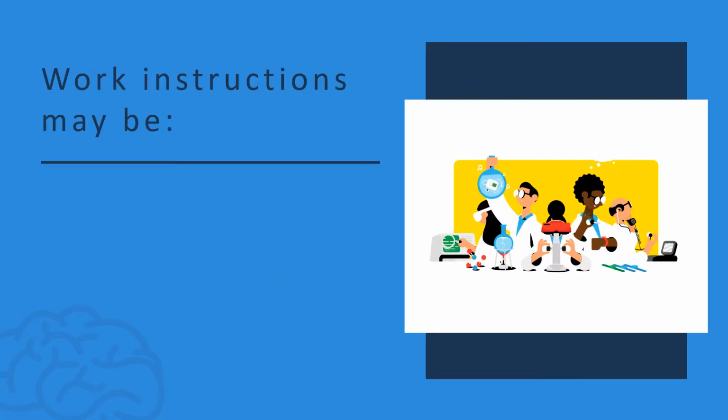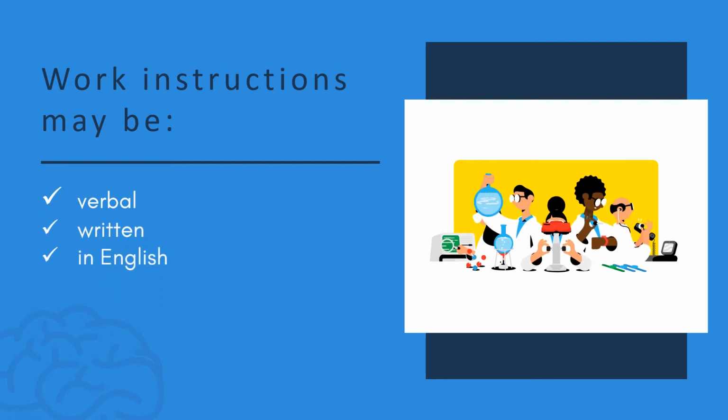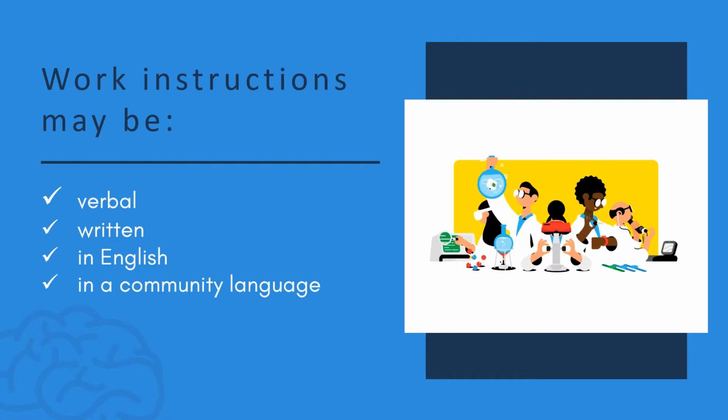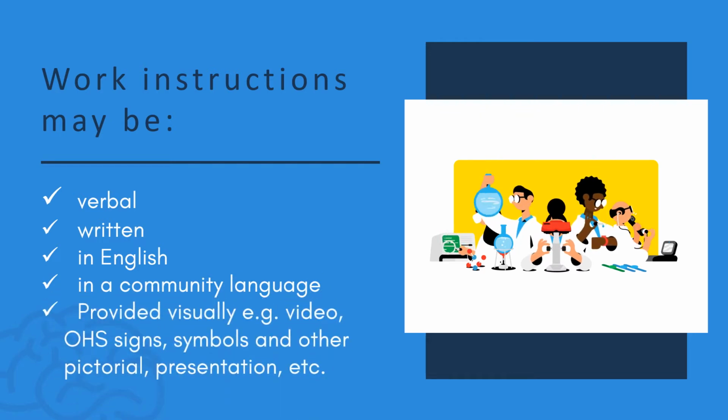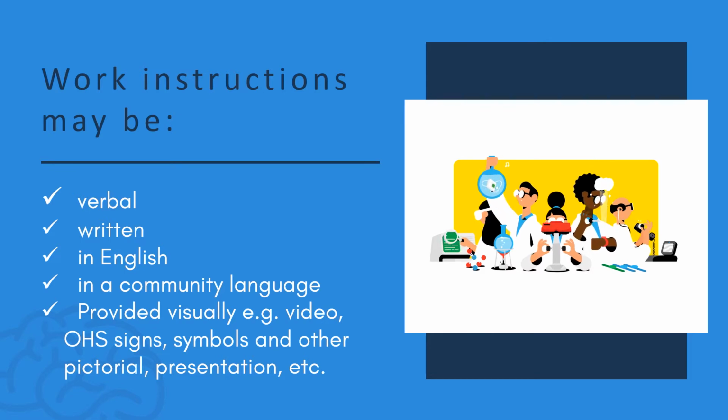There are different types of work instructions. Work instructions may be verbal, written, in English, in a community language, or provided visually. Example of it will be the video, the occupational health and safety signs, symbols, and other pictorial presentation, etc.